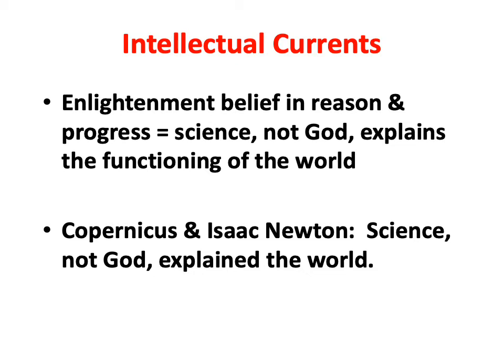Of great significance in the Enlightenment were two European scientists. First one, Copernicus, looking at the movement of the Earth and the planets. And the other, of course, is Isaac Newton, who developed the calculus and mathematics and used it to explain many physical phenomena.